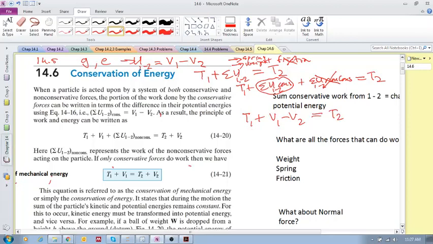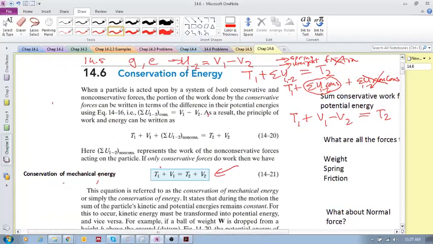So we end up with this equation over here, which is called the conservation of mechanical energy. The kinetic energy at state 1 plus the total potential energy at state 1 is equal to the kinetic energy at state 2 plus the potential energy at state 2. This happens only if we've got conservative forces acting on the particle.